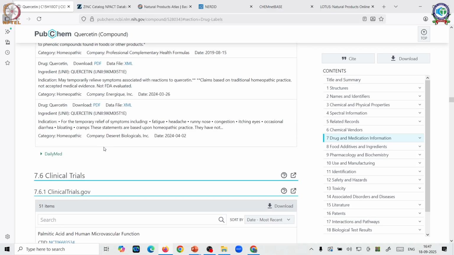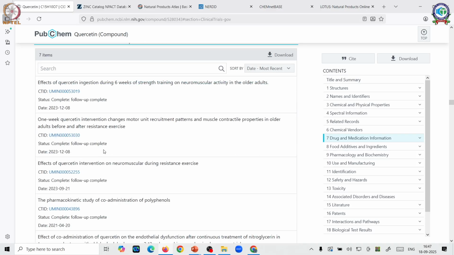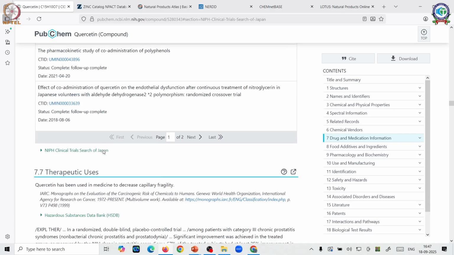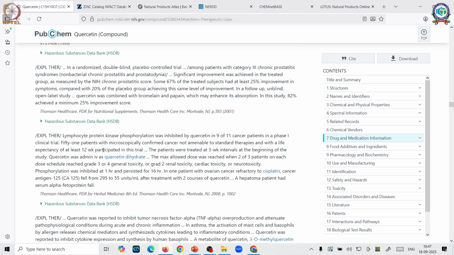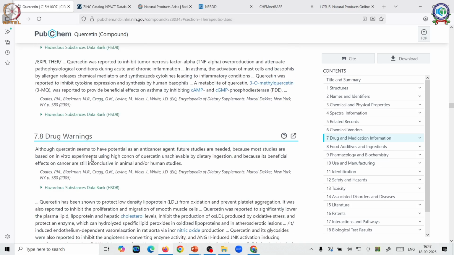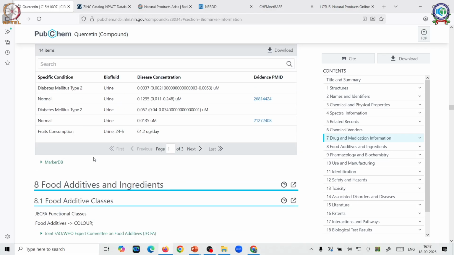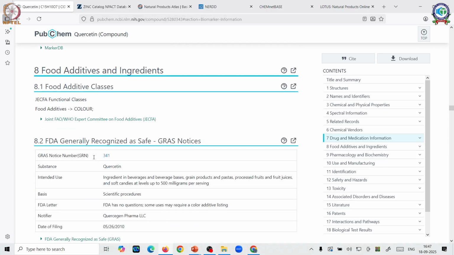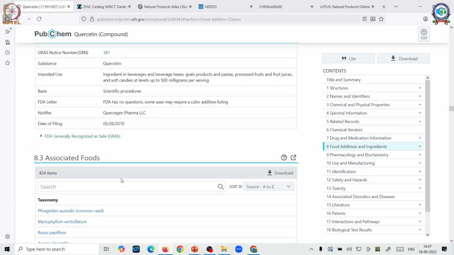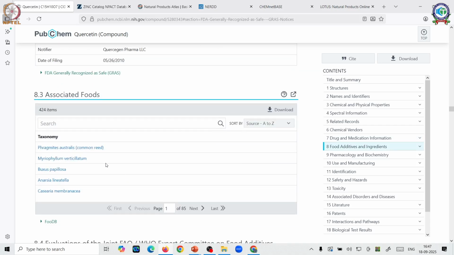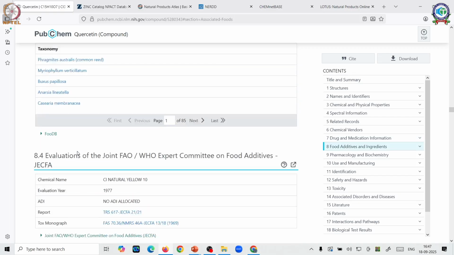the drug labels. So we just reached the 7th point. So understand the kind of depth this kind of server gives you. Drug warning, biomarker, where it is seen in case of a particular disease, food additives, associated food which will also give you this compound.